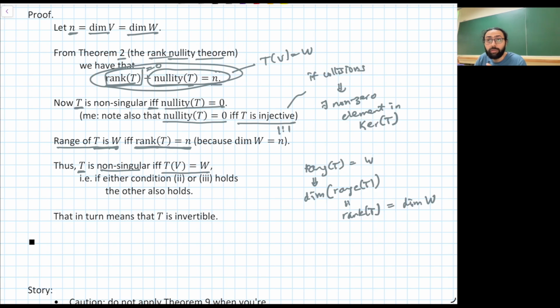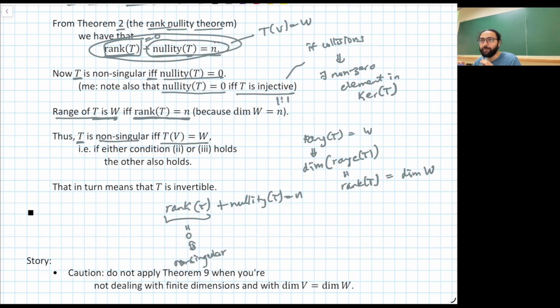Is that okay? You can stare at it for a second. I'm not saying anything very deep. I'm just saying that the rank of T plus the nullity of T is N. Non-singular means nothing in the kernel. I always get confused, I wrote the other one.